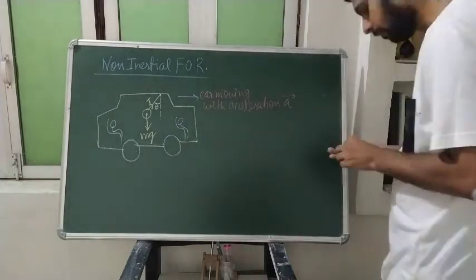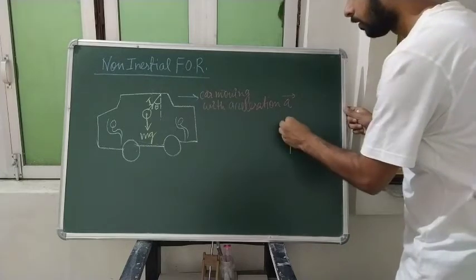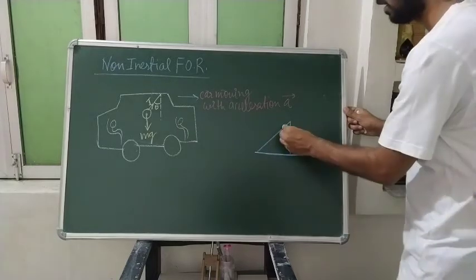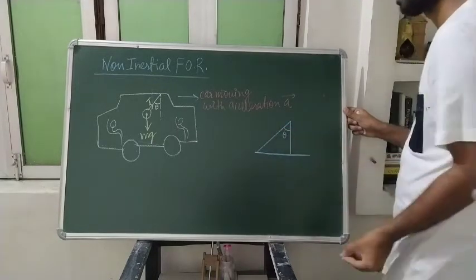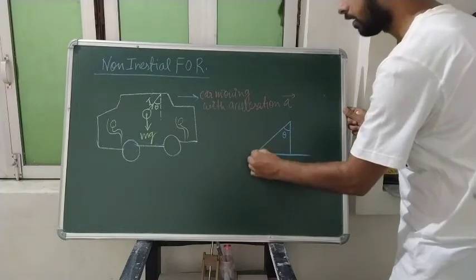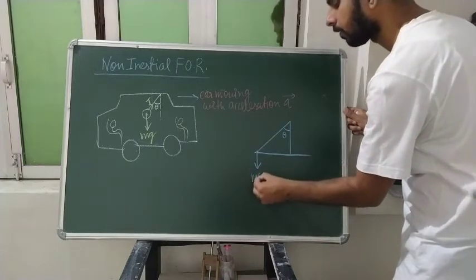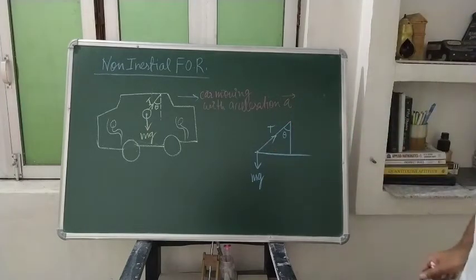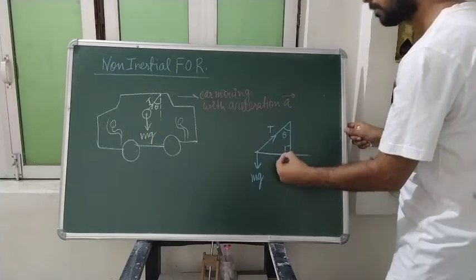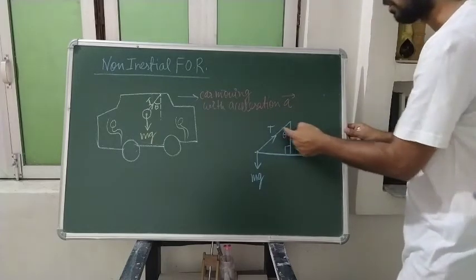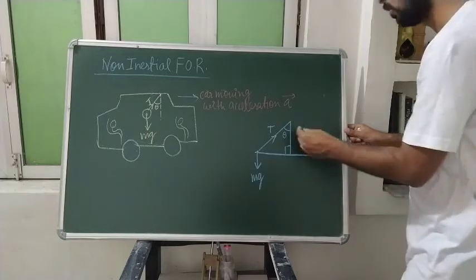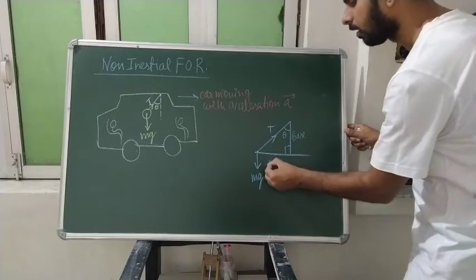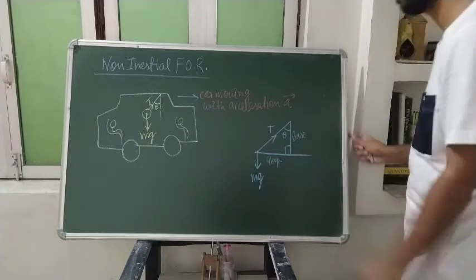So here you are looking at this kind of triangle, and here is the angle theta, and here mg is acting, and the tension in the string is here. Of course this will be our 90 degrees. On this side we have the two angles, so this will be our base and this will be our perpendicular.